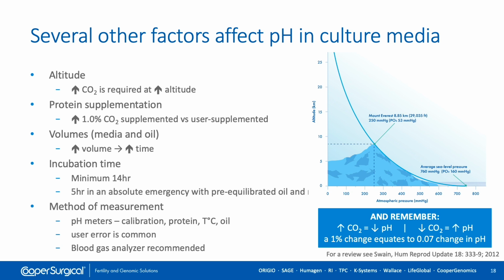But in an absolute emergency, if you have pre-equilibrated oil and media available in your lab, then you can make dishes in an emergency and give them a few hours to equilibrate. So when you're using pre-equilibrated material to make your dishes, then the time obviously comes down. But the recommendation is to do it overnight.